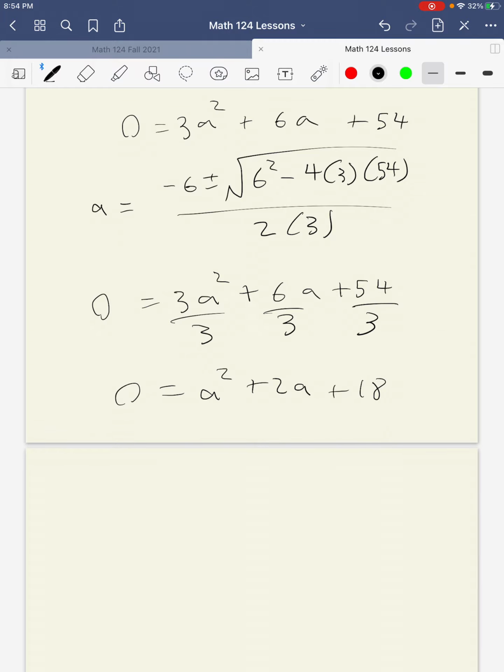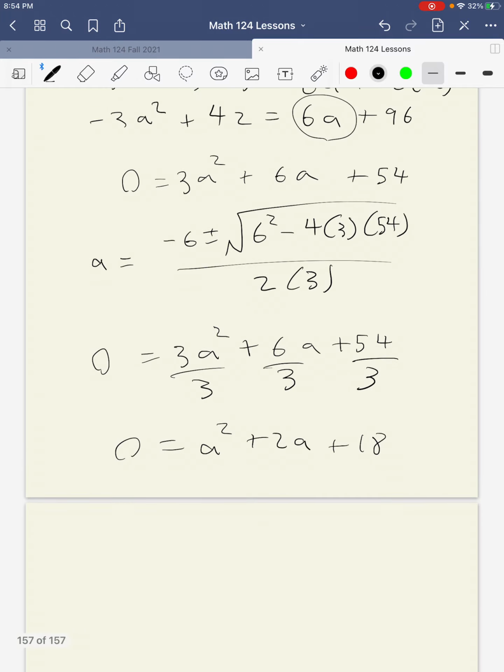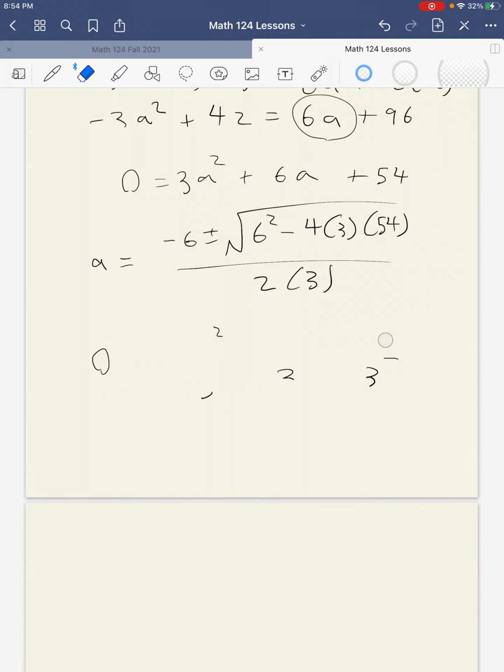Have 9 and 2. Let's see, 3 and 6 doesn't work. I don't know, I can't think of a way to factor this, but maybe I'm just not thinking clearly. Let's just proceed with the formula that always works.